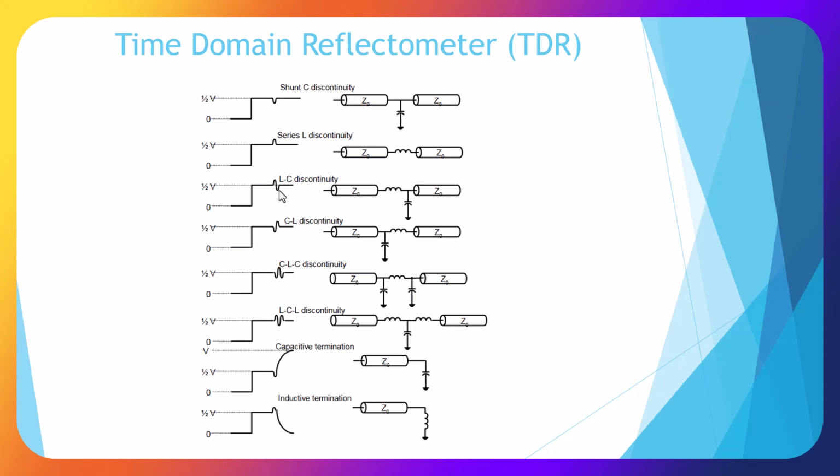And if we see a high and low, we get an LC discontinuity and a CL discontinuity, showing the minus first and the plus after that. And we have a CLC discontinuity and an LCL discontinuity and a capacitive termination and an inductive termination. So this is a very useful tool.